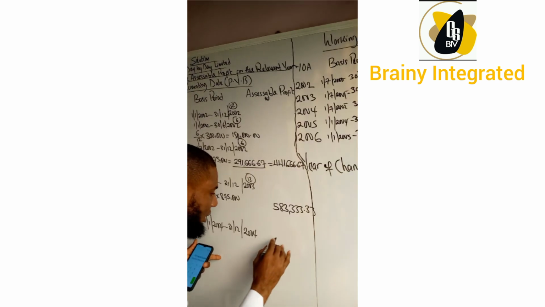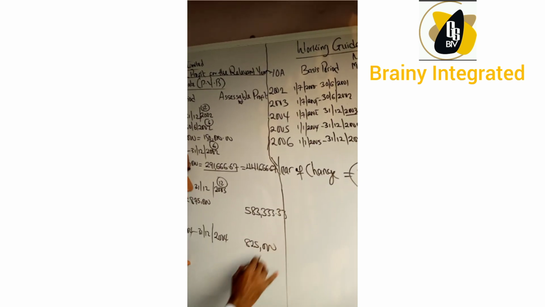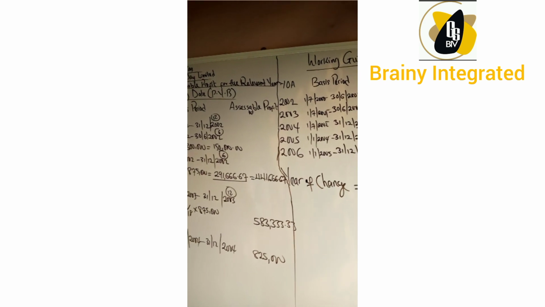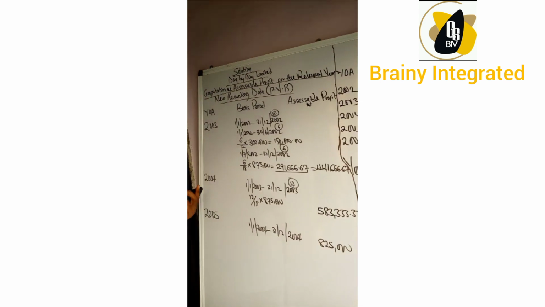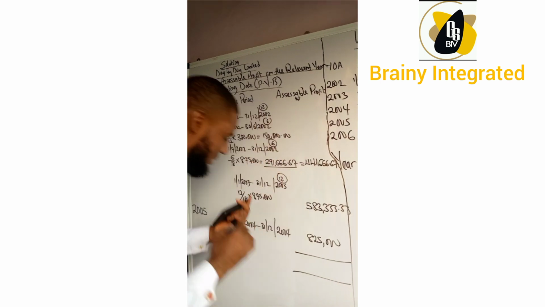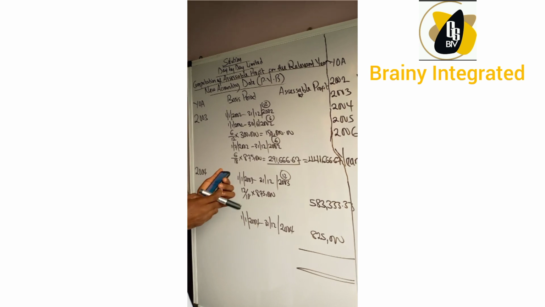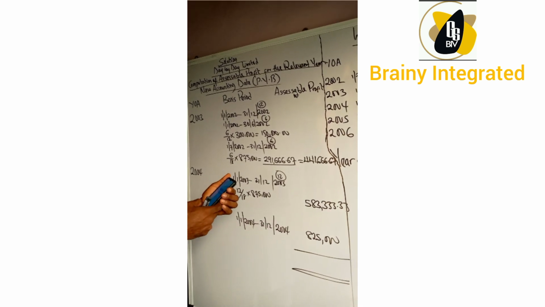So I'm going to pick it as 825,000 as the assessable profits. So having done that, I'm just going to add up everything that I have.